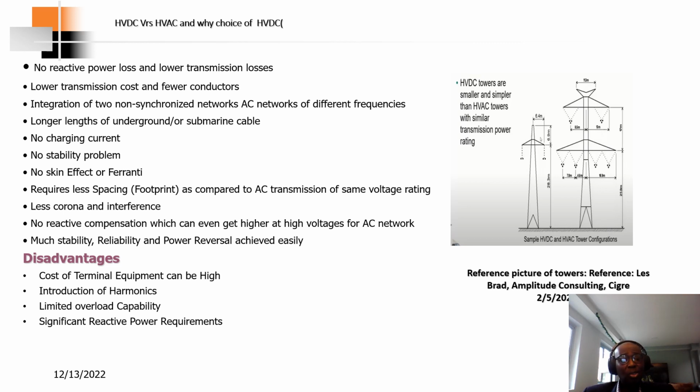Also, the current source converters require reactive power. As such, reactive components, such as capacitance, have to be installed, which introduces additional cost. I think I made mention of commutation failures for the inverter side of line commutated converters, and that can be very problematic.